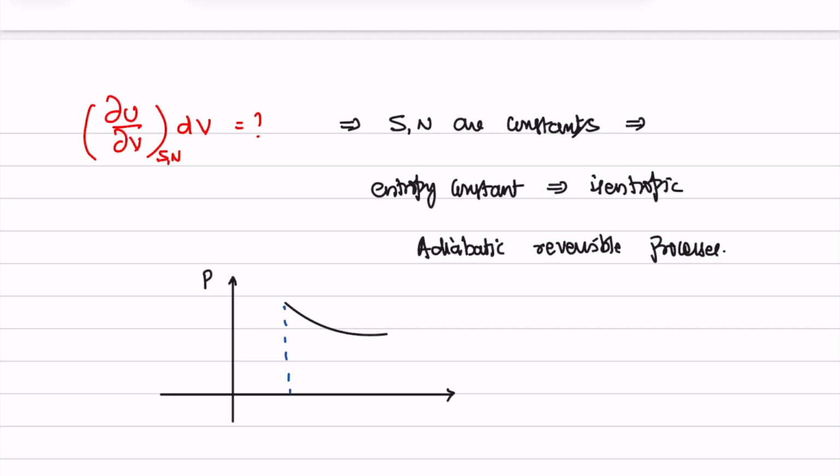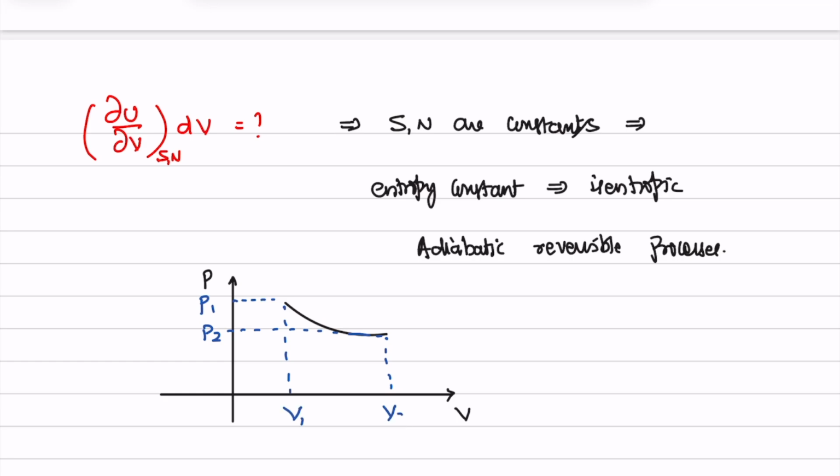I have explained you already. This is V, this is point 1, this is point 2, V1, V2, this is P1, this is P2.